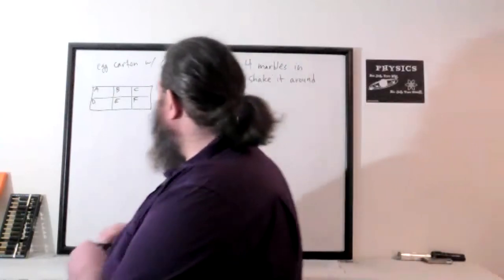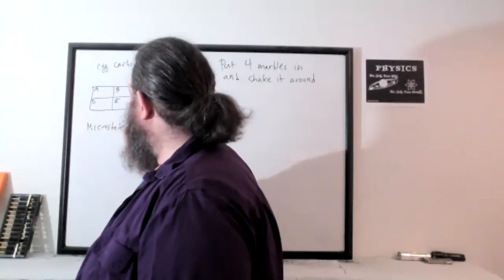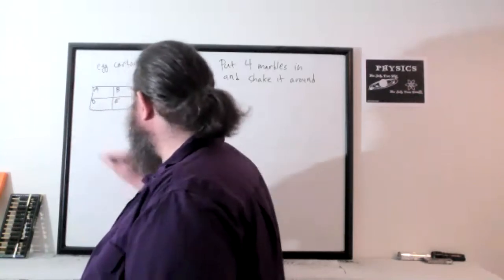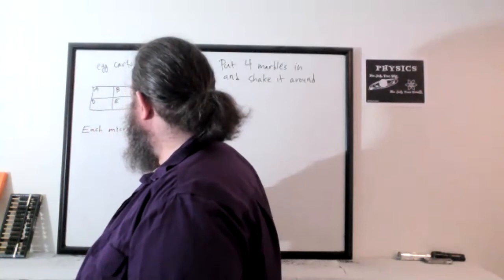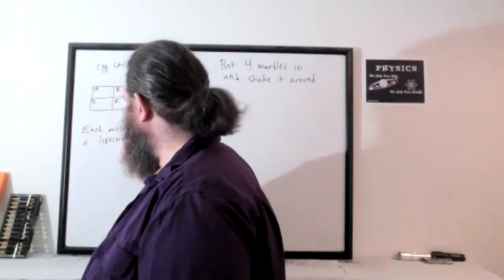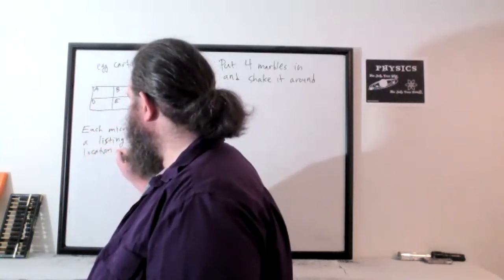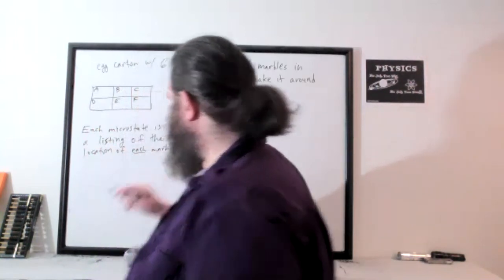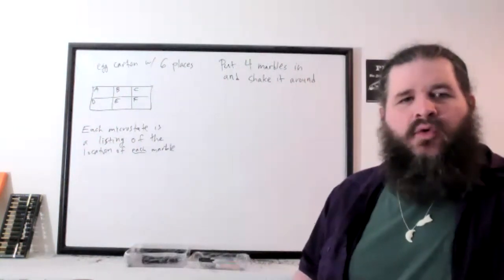So each microstate is a listing of the location of each marble. And we could just assume an order for the marbles.